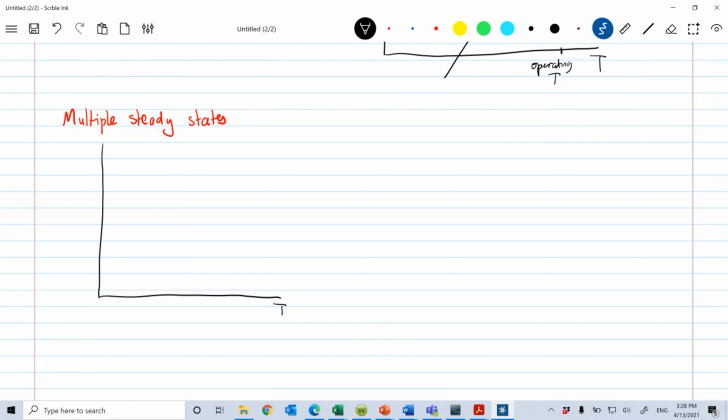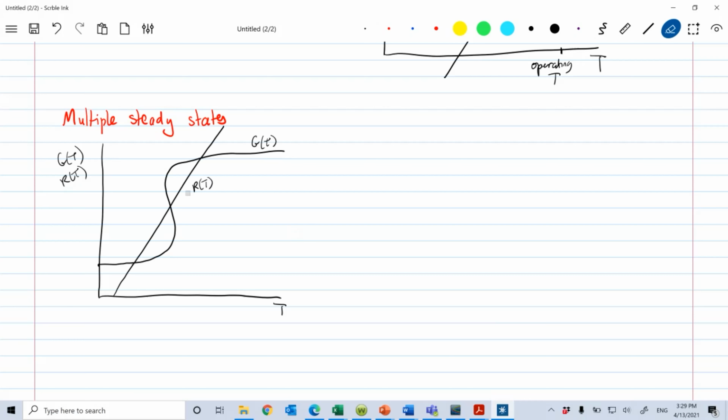So if you have your G of T and R of T curves, and your G of T curve looks like this, which it can, let's say for a second order or third order reaction, and then you solve your R of T curve for a certain inlet temperature, you get this. This is your R of T. Suddenly you have 3 points that solve your equation. All 3 points solve your equation.